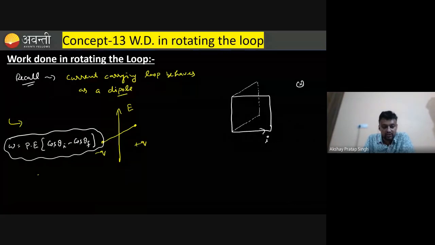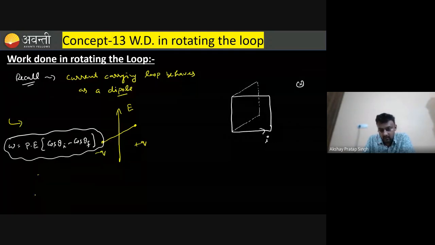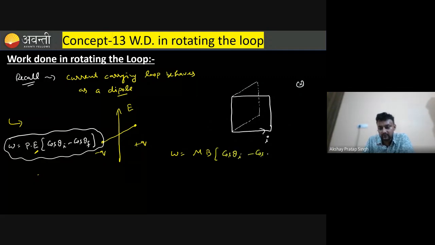So in this situation, work done will be, again I am saying, the dipole moment in this situation in magnetism is written as M. Electric field can be replaced by magnetic field, and the same thing is cos theta initial minus cos theta final.